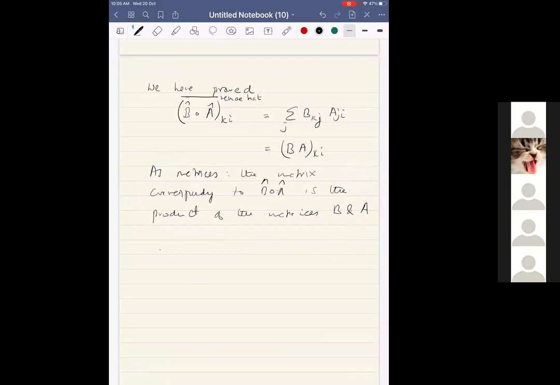So now, a very well-known fact about compositions of maps, not just linear, is that composition of maps is an associative operation.